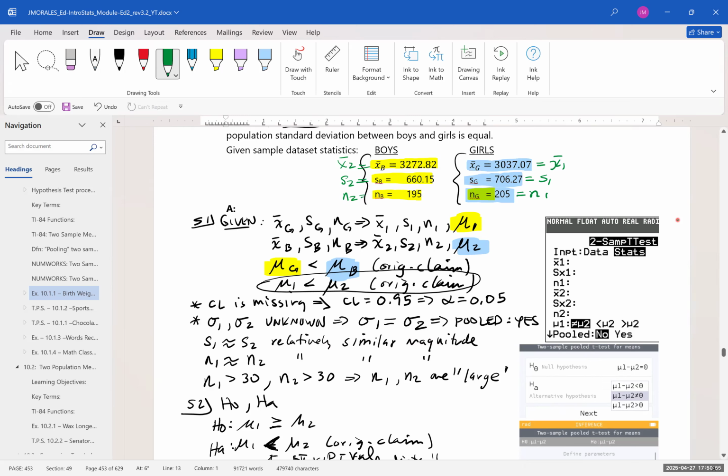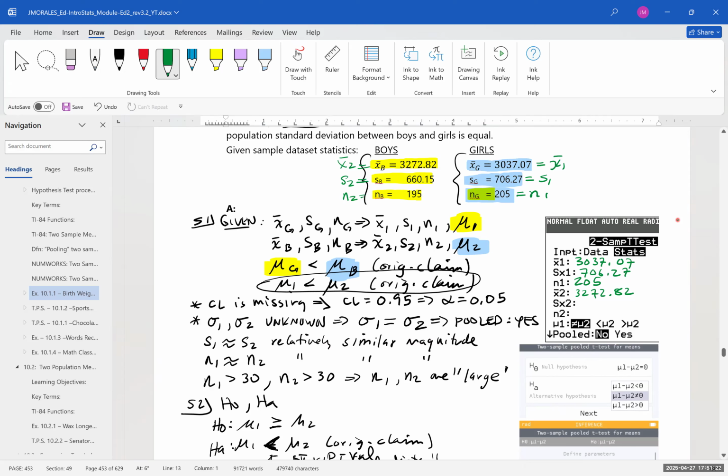All right, so x bar 1 is 3037.07. S1 is 706.27. N1 is 205. X bar 2 is 3272.82.